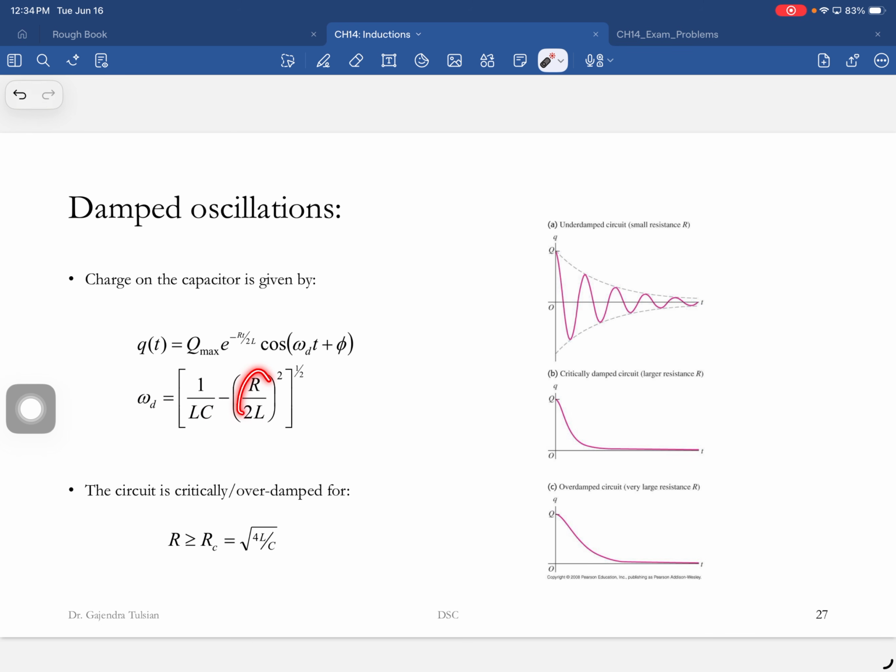So the presence of resistance decreases the frequency. If resistance were 0, this term would not be present, and then the system would oscillate forever. The amplitude would not die down. The circuit is critically damped if resistance is equal to that. The critical value of the resistance is that.